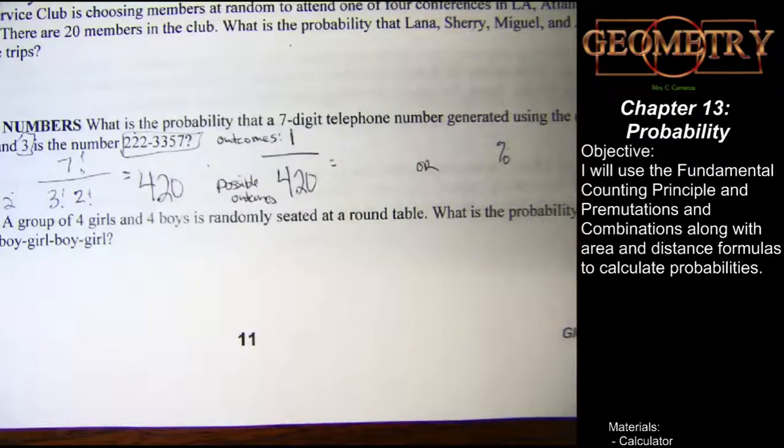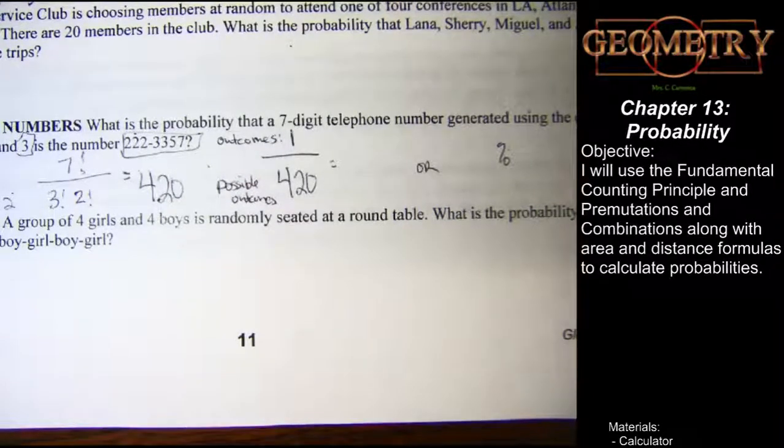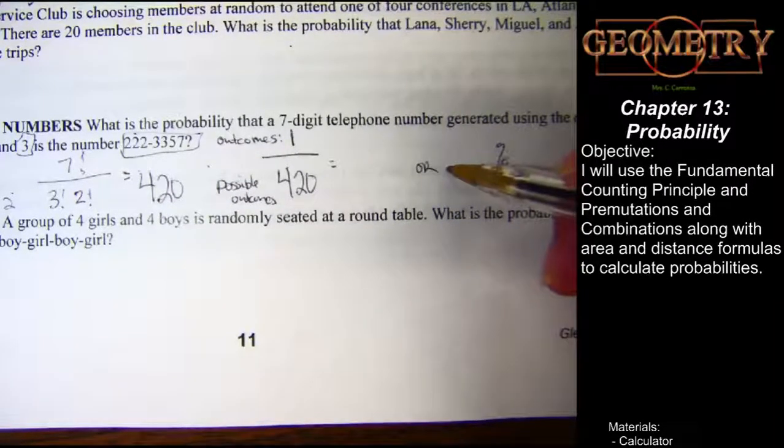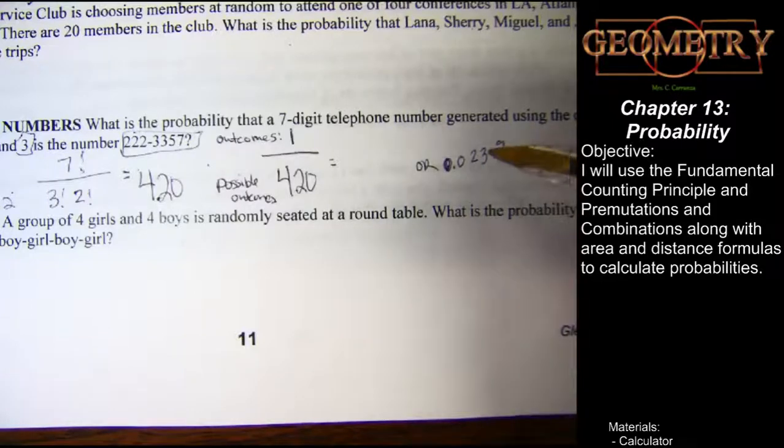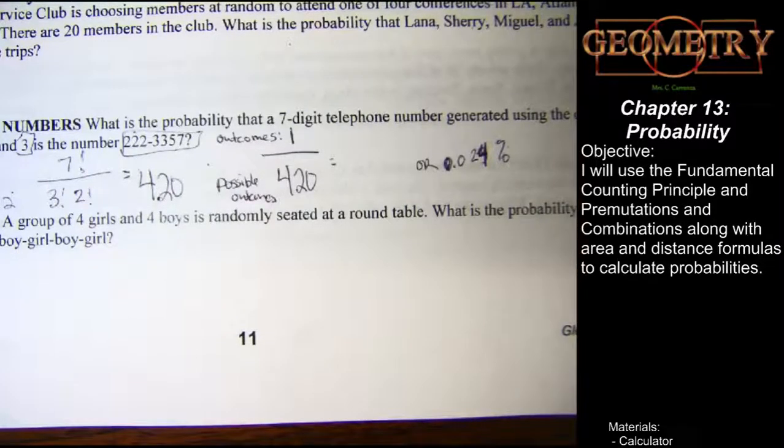To find out what your percentage is going to be. You get a decimal percent. 0.238095. 0.023. 0, 2, 3. Round it. So your percentage means it's a really, really small chance that this is going to happen.